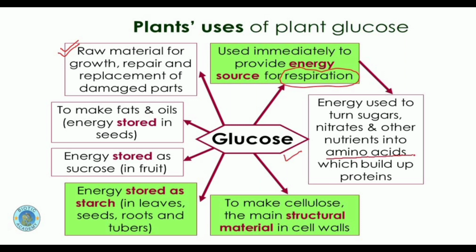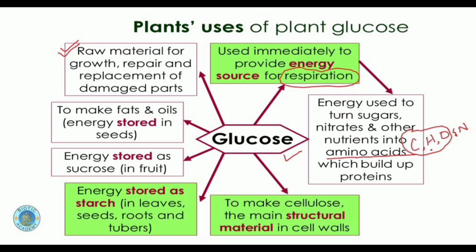As we all know, the monomers of protein are amino acids, and these amino acids contain carbon, hydrogen, oxygen, and nitrogen. The carbon, hydrogen, and oxygen are provided by the plant through photosynthesis.